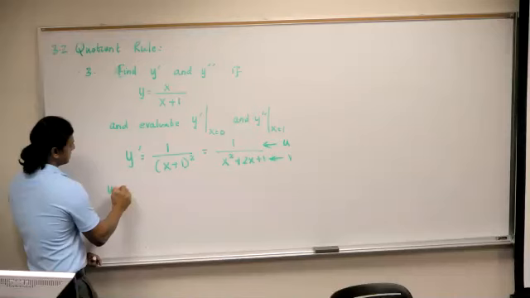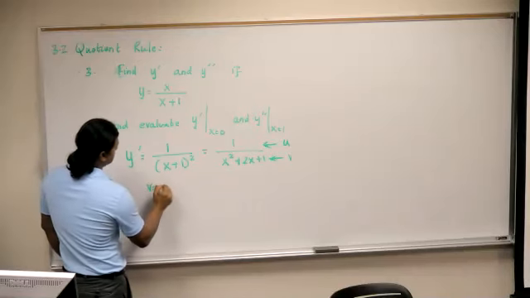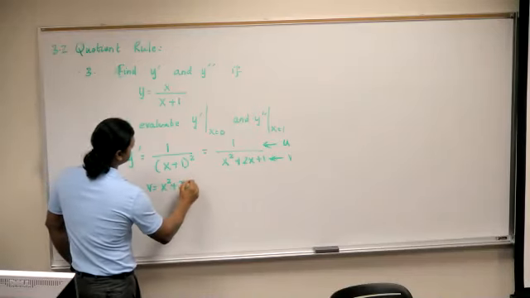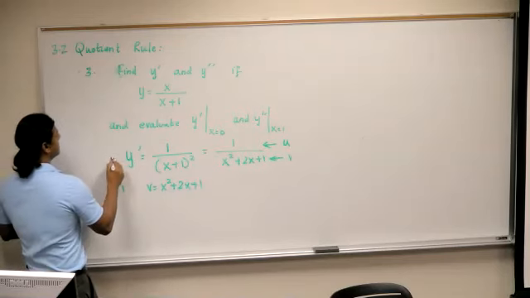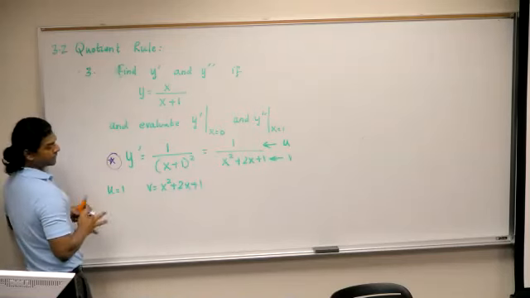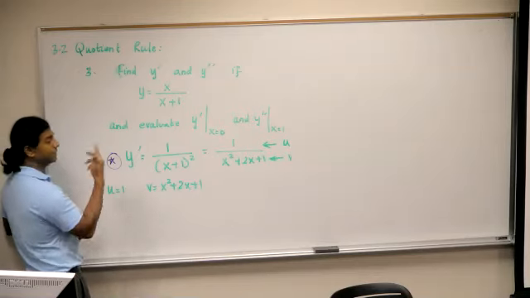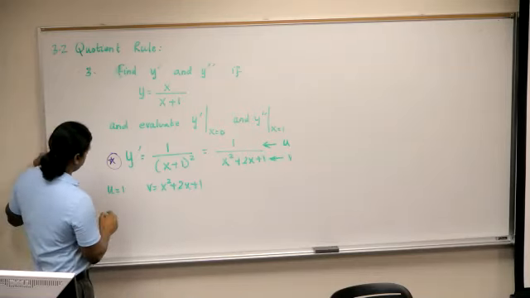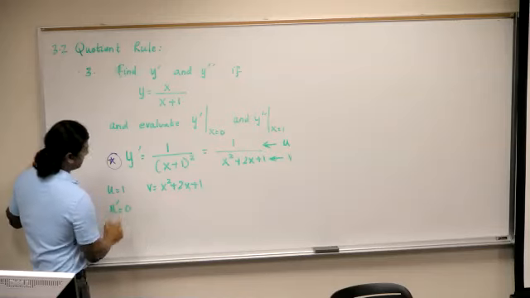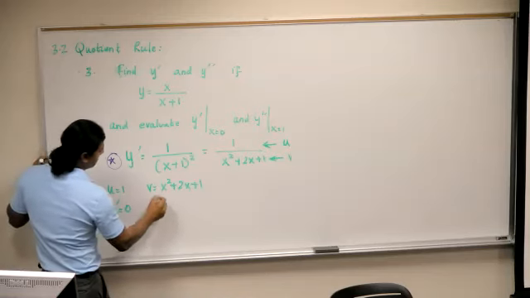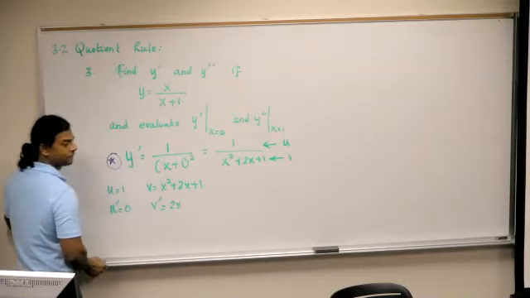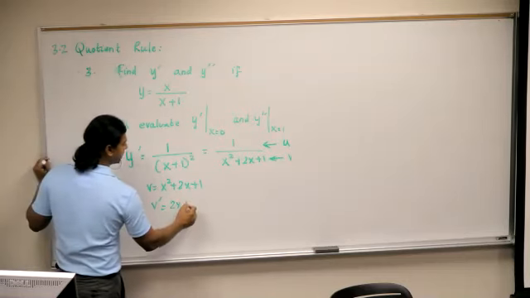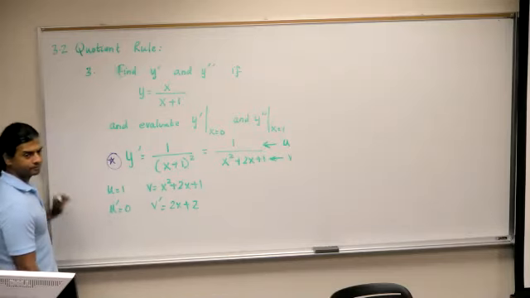So u is 1, v is x squared plus 2x plus 1. Put a star here. We will talk about this later on. Chain rule will be easier. U prime would be 0. V prime: derivative of x squared is 2x, derivative of 2x is 2.